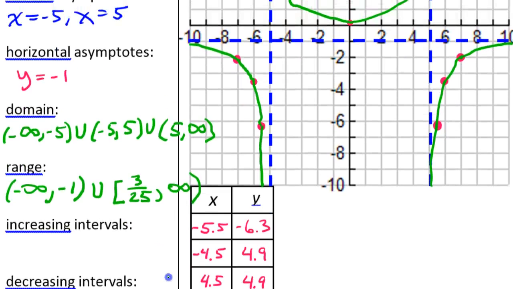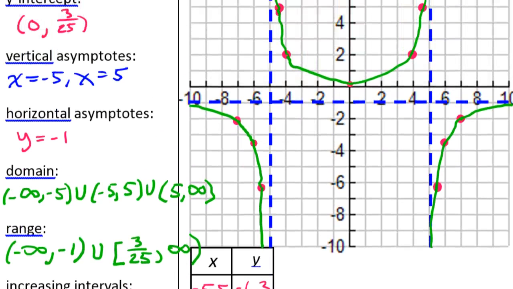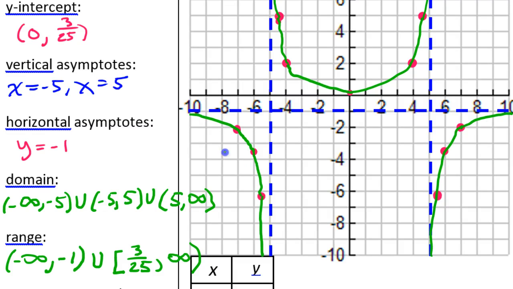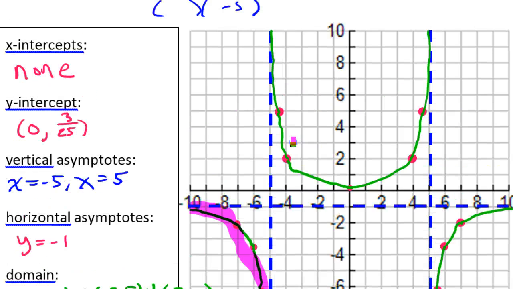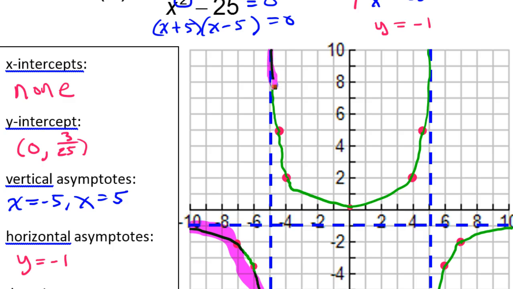Okay, now let's talk about increasing and decreasing intervals. As I go from left to right across this graph, part of the time I'm going downhill, and part of the time I'm going to be going uphill. This part goes downhill, okay, and then I pick up from here, and this is going downhill.